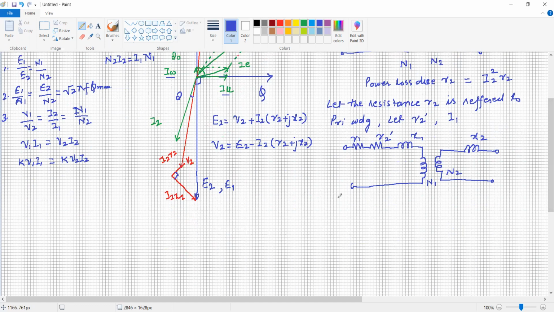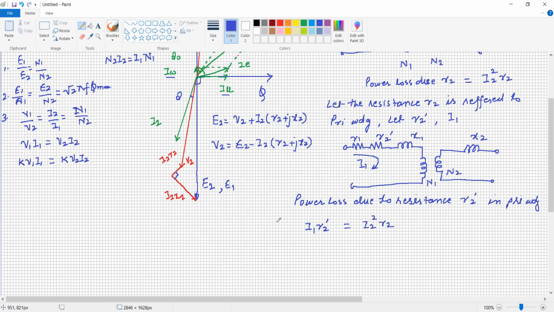will remain the same. So the power loss in the primary winding due to the resistance R2 dash, with I1 being the current in the primary side, I1 square R2 dash, should be equal to I2 square R2.